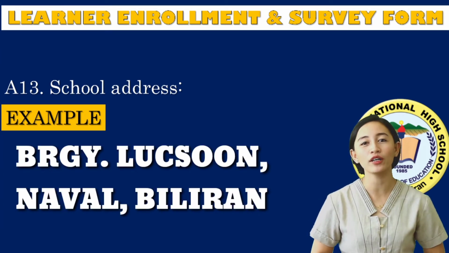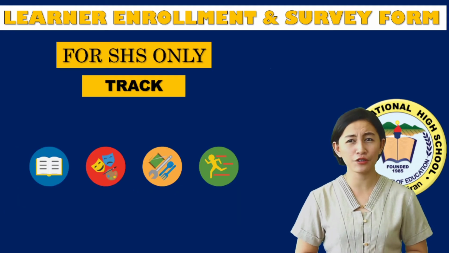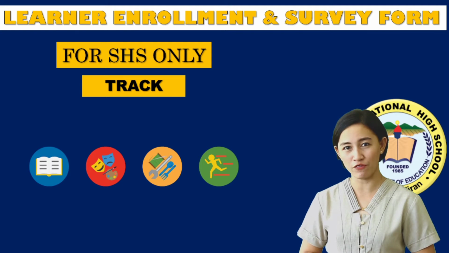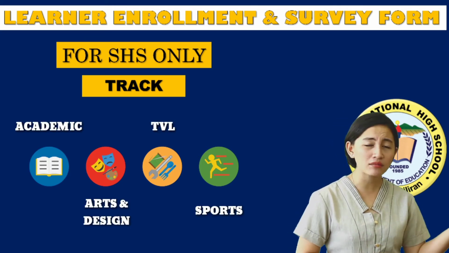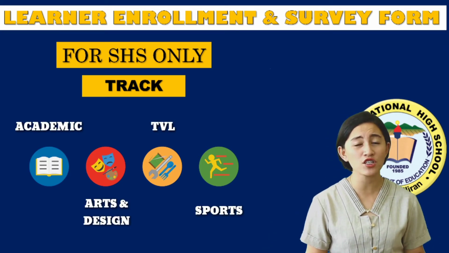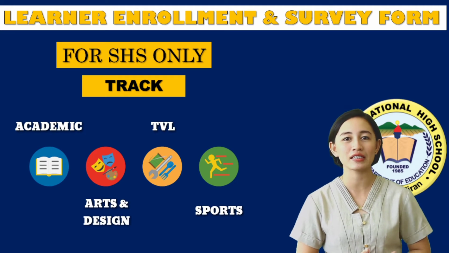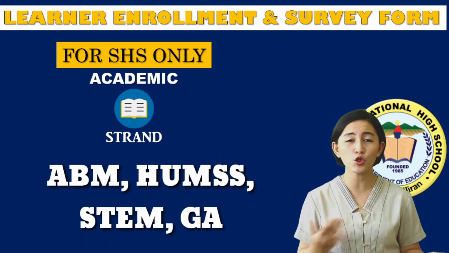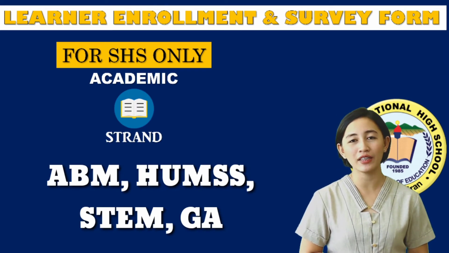Example, Barangay Lucsoon, Amabelle. It should be noted that there are 4 tracks in the senior high school and each has a specific strength. We have academic, the arts and design, the technical vocational livelihood, and sports. For senior high school only, under the academic track, we have ABM, HUMSS, STEM, and general academic.